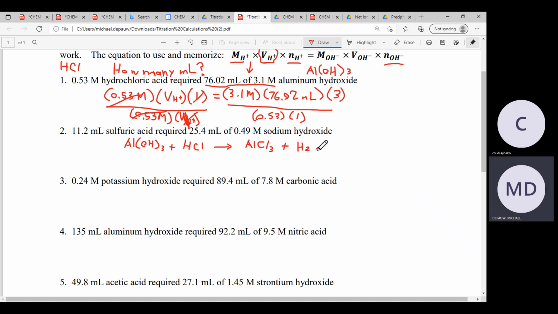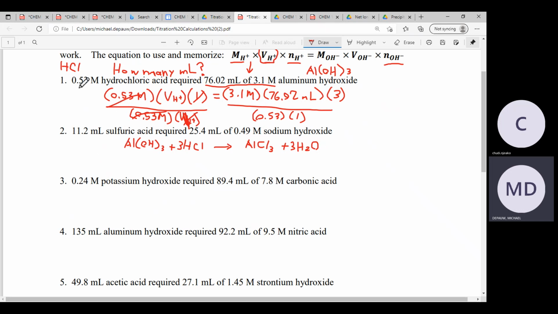And then I'd have to balance the equation. So it'd be 3 waters and 3 HCl's. After I wrote and balanced the equation, which would take you longer than it takes me because I can whip through this pretty fast just because I have so much experience with it.